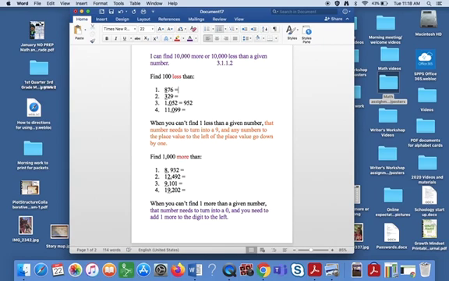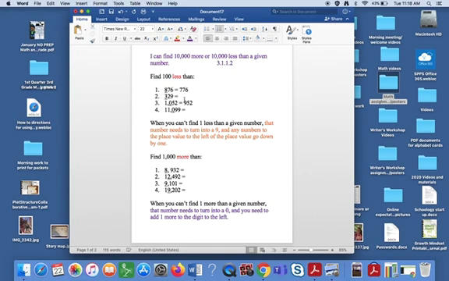I can take that 8 in the hundreds place and change it to a 7, and all the rest of the digits stay the same. So 876, 100 less would be 776.